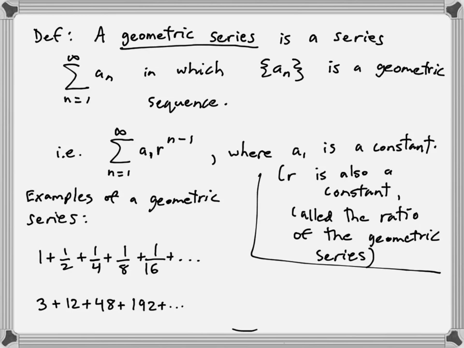Here in this one, a1 is 1, and the ratio is a half, because we're multiplying each number by a half to get the next one. Here, a1 is 3, and r is equal to 4.